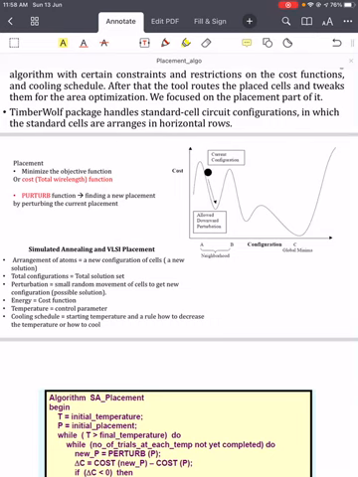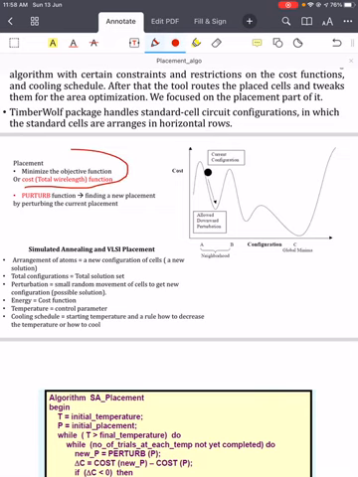Another important thing is that we are going to look at how to define the cost function in TimberWolf. One part of the cost function you already understood: that is the total wire length estimation. Another part will be the perturb function. In simulated annealing, the algorithm is a local search based algorithm.